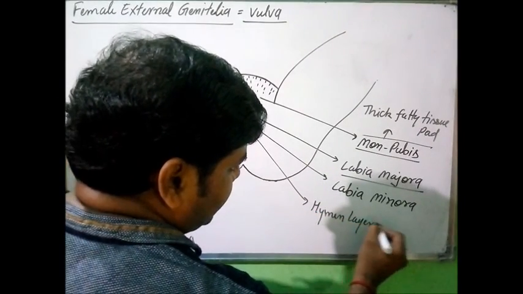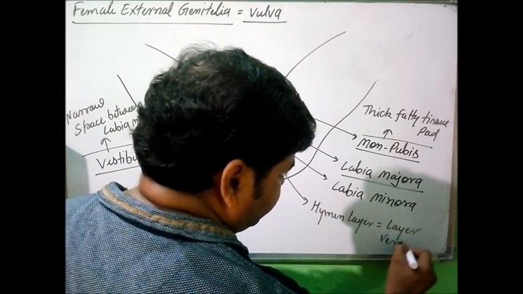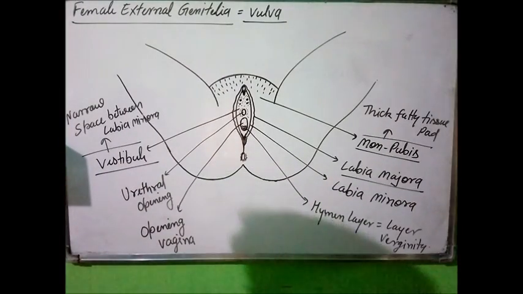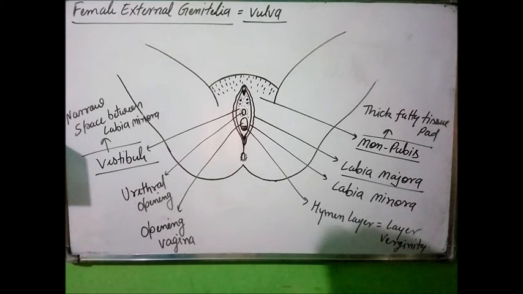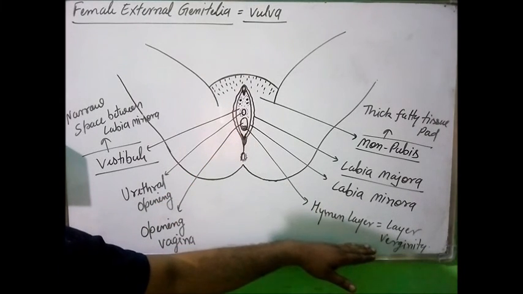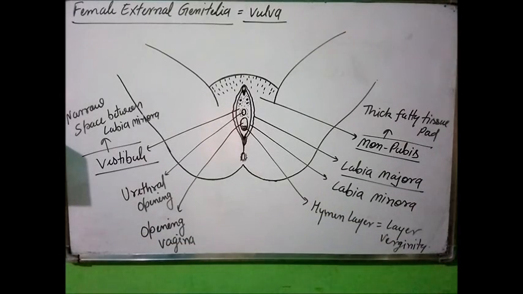Hymen, which is considered the layer of virginity, but it is not actually a layer of virginity. It can be ruptured during physical events like cycling, dancing, running, jumping, horse riding, etc. These sports can rupture this hymen layer automatically, and that is why it is not an actual proof of virginity in case of female.